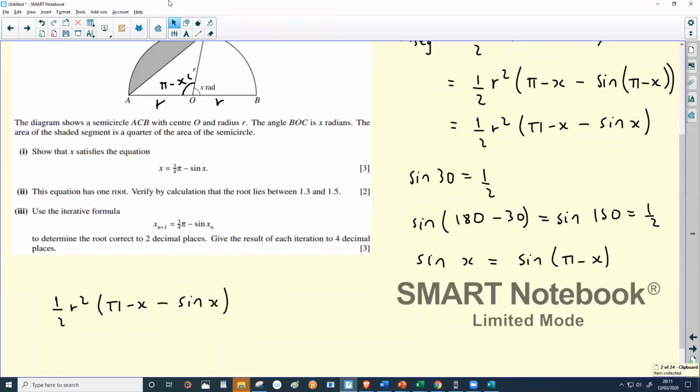We are going to use the statement over here, which says the area of the shaded segment is a quarter of the area of the semicircle. So this is going to be equal to a quarter of the area of a semicircle.